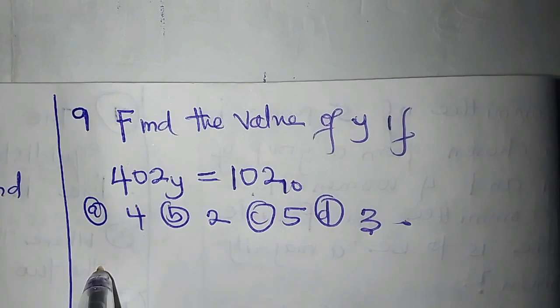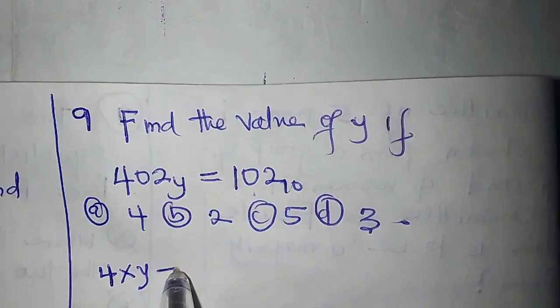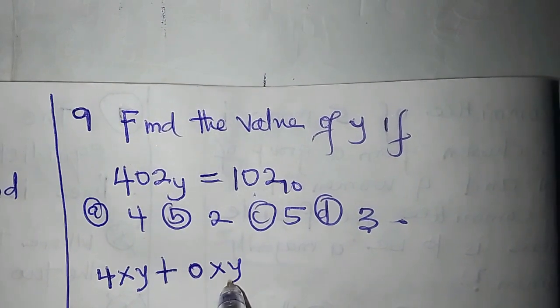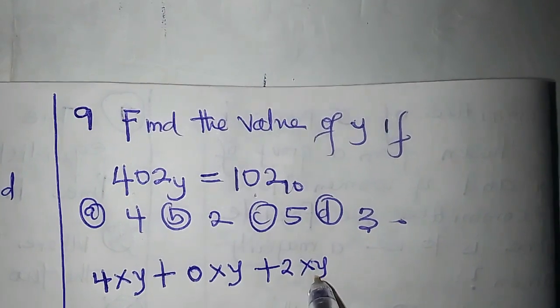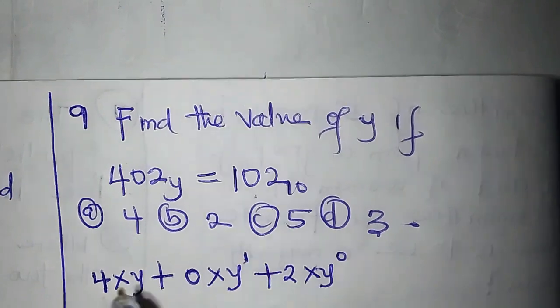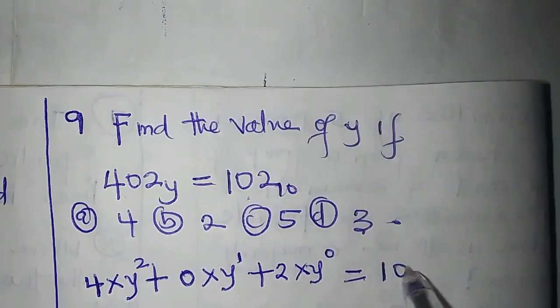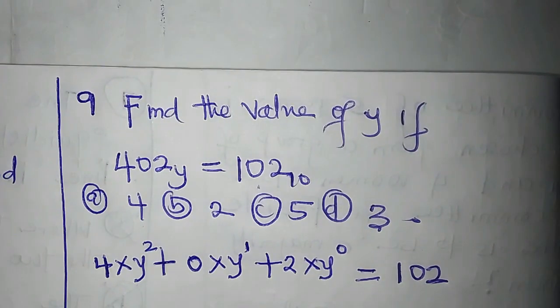The first number there is 4 times the base y, plus the second number there is 0 times the base y, plus the third number is 2 times the base y. Then I will assign powers 2, 1, 0, which is equal to 102 base 10. Base 10 is a standard base, so no need to convert it.